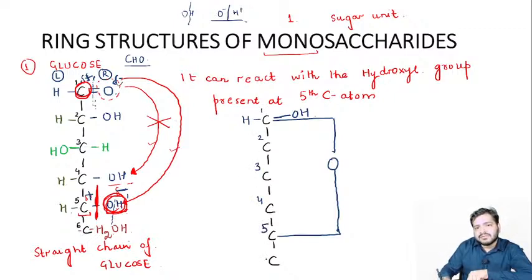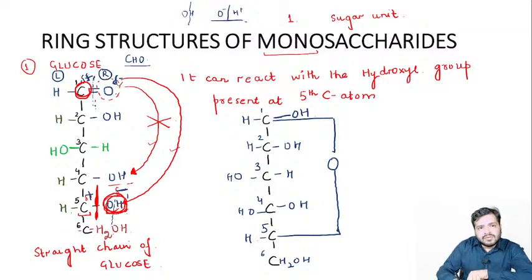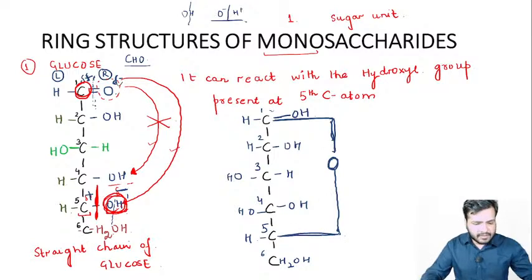The other structures are the same. So this oxygen, basically we have double bonds of oxygen. You can very well see one bond is basically with the first carbon and the other bond is basically with the fifth carbon.